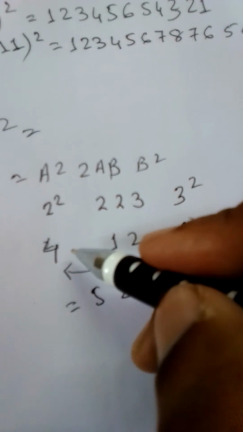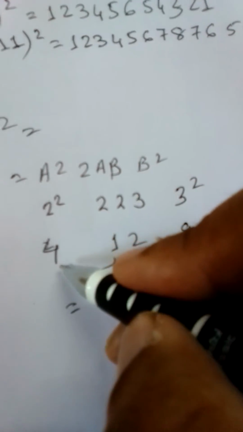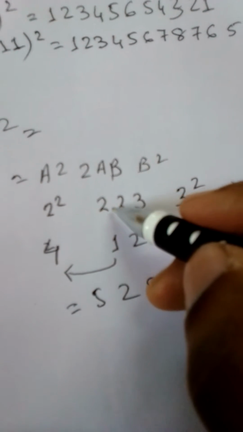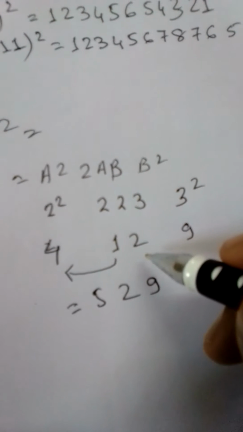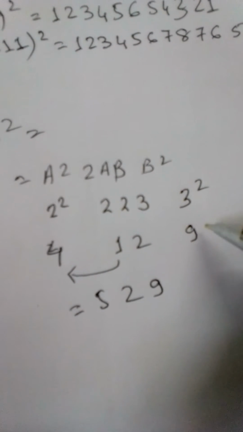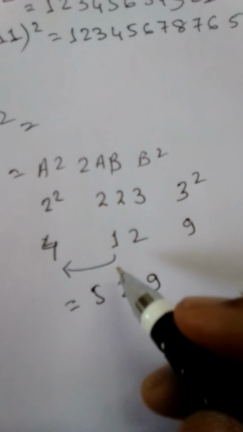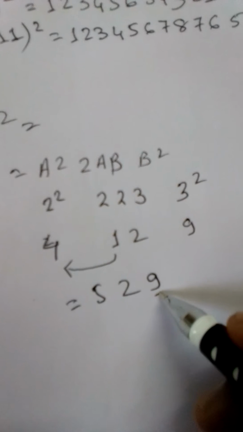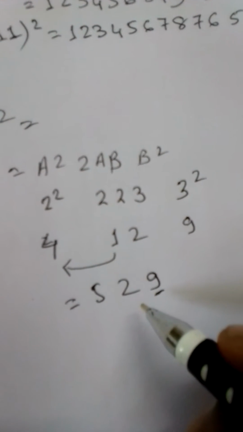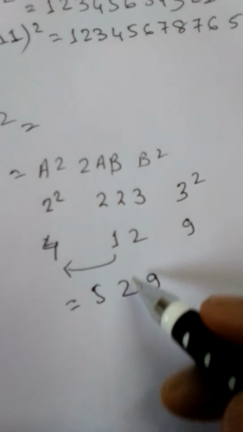So we'll write 2 square is 4, and 2 into 2 into 3 is 12, and 3 square is 9. So the answer will be, we'll write 9. First we'll start from the right hand side. We'll write 9, then we will write 2.